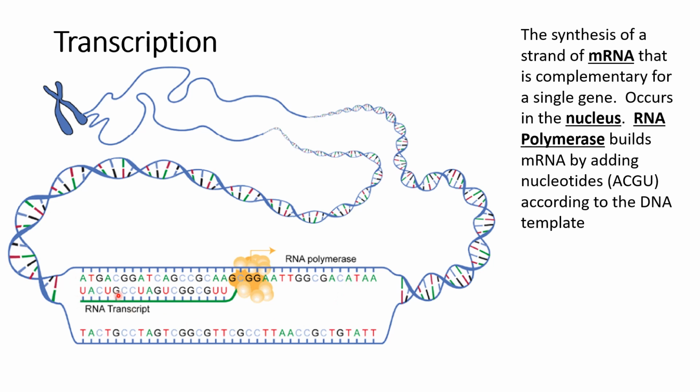So RNA is created by RNA polymerase based on our pairing rules. A goes with T, but in RNA it's U. T from DNA pairs with A, G pairs with C, and so on. So this is our messenger RNA that we created in the nucleus. This process is called transcription.